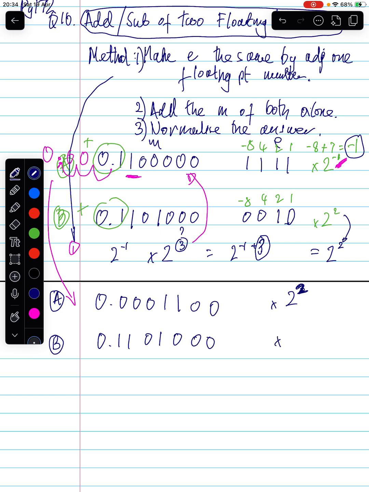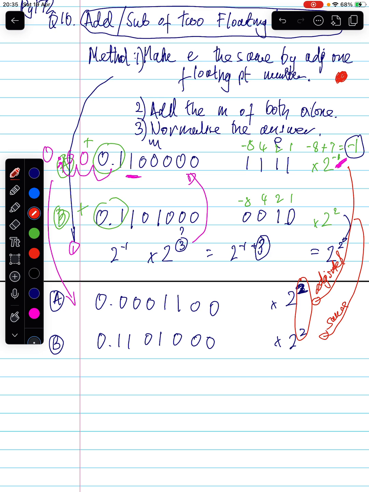And that is also to the power 2. Just to make it clear, this number B has no change, but number A is adjusted because we made this happen. So now they both have the same power.